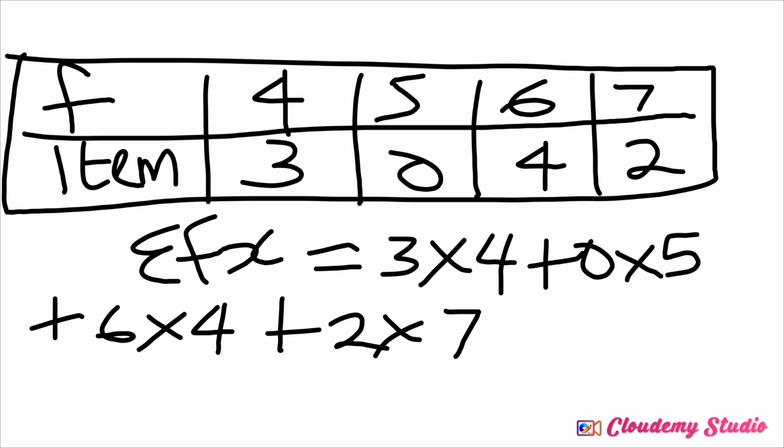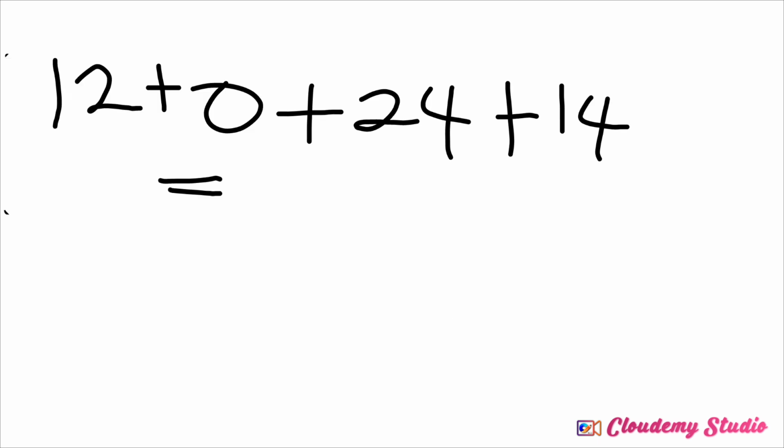So 4 times 3 is 12, 0 times 5 is 0, 6 times 4 is 24, and 2 times 7 is 14. So I have 12 plus 0 plus 24 plus 14. Our answer is 38 plus 12, that's 50. That's the sum of fx, which is 50.